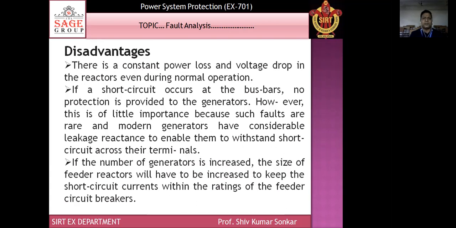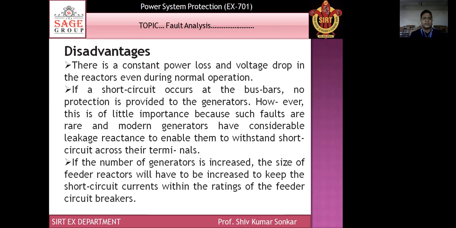Disadvantage: there is a constant power loss and voltage drop in the reactors even during normal operating conditions. If the short circuit occurs at the bus bar, no protection is provided to the generators.